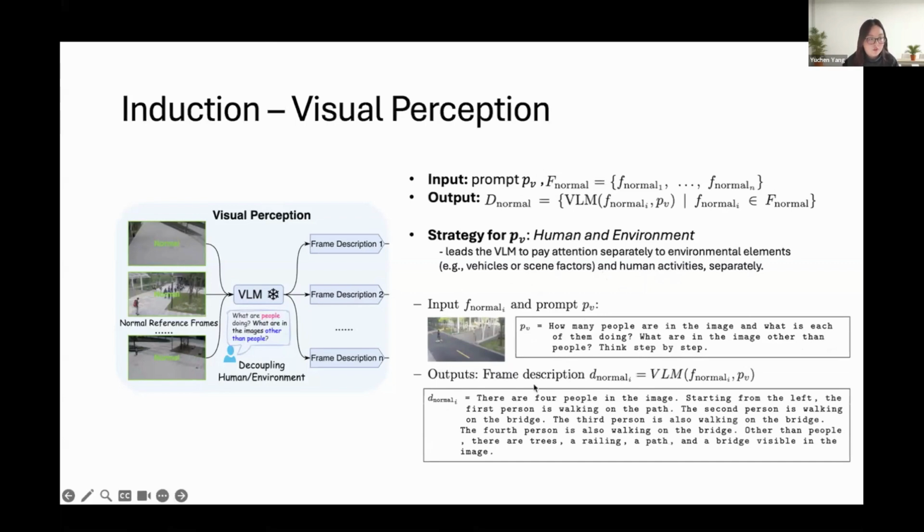For example, for this frame, the output will be that there are 4 people in the image, and it will describe each of them doing something. And also, other than people, there will be trees, path, bridge, some background information. And in the visual perception stage, we are using an open-source VLM named CogVLM.